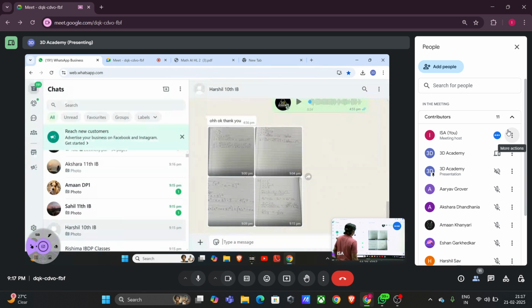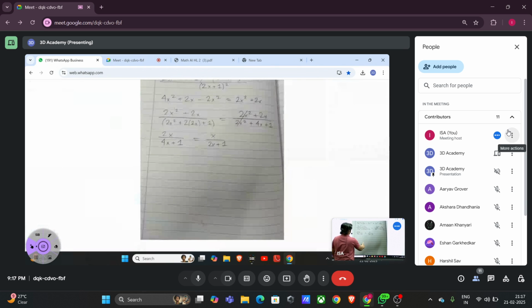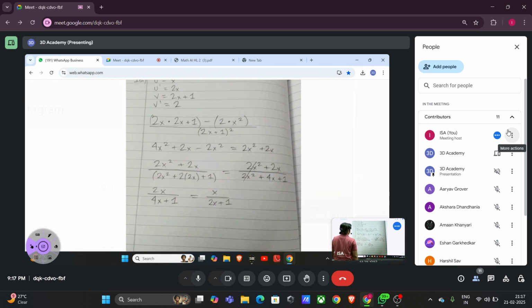See guys, what mistake you do? Look here. First mistake, not writing a proper bracket. But here we were having time, so 2x into 2x 4x square, 2x into 1 2x, he solved it correct. So 4x square minus 2x square is 2x square plus 2x.